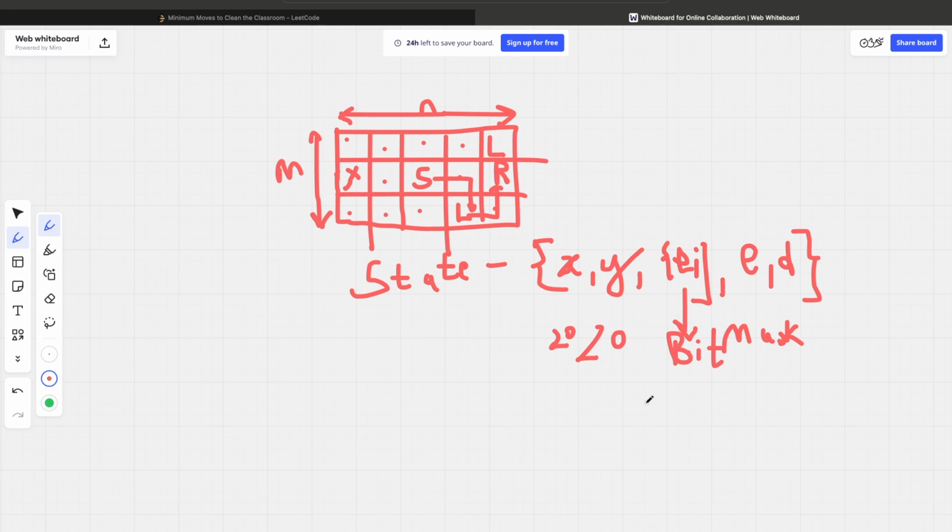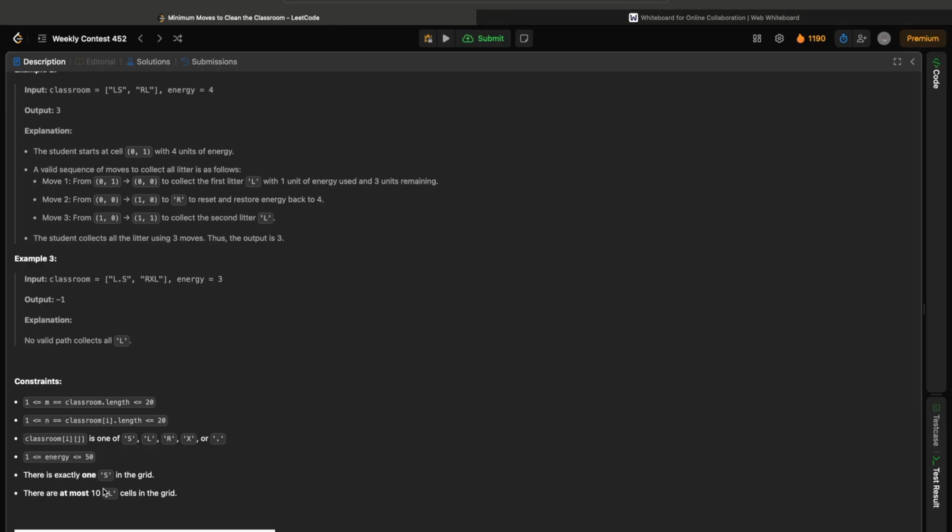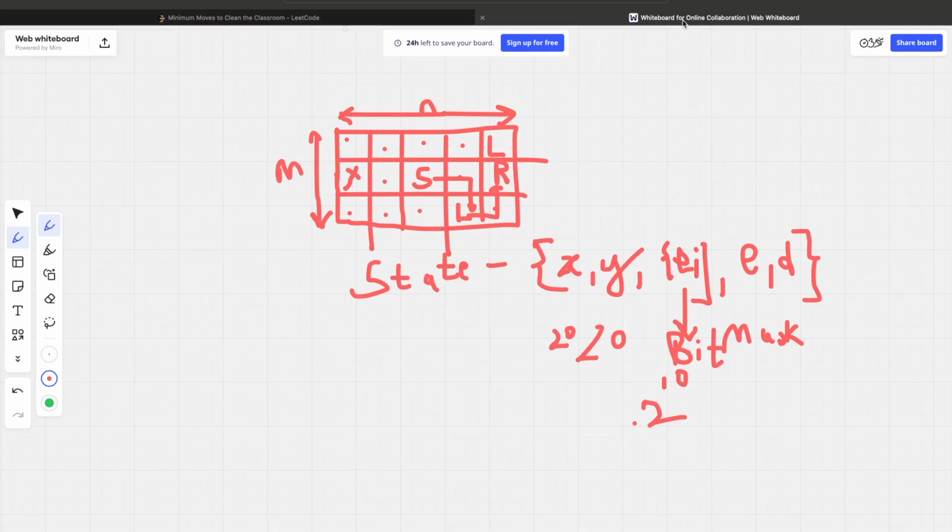You can maintain a mask of size 2 to the power 10, as they have mentioned there are at most 10 liters present in the grid. At every point, say the first liter has been collected, so it will be marked as 1. The second has not been collected, it will be marked as 0. The third has been collected, it will be marked as 1. So basically we use set and reset values.